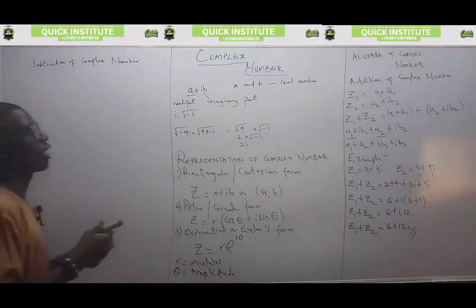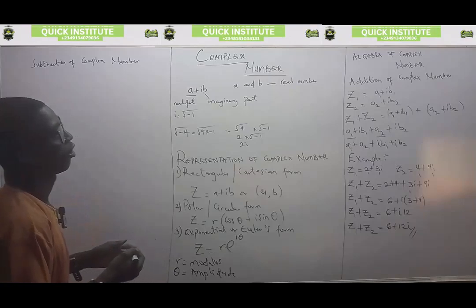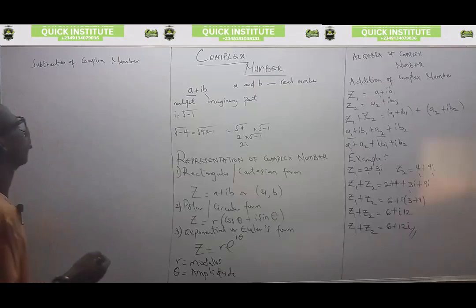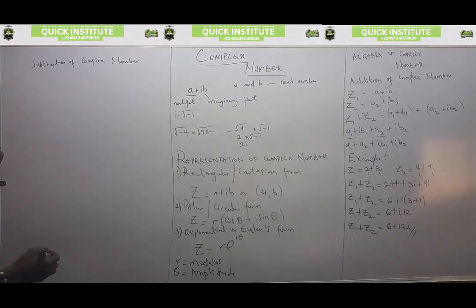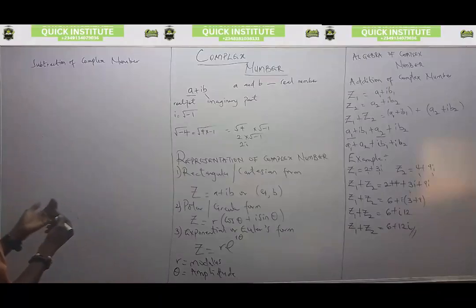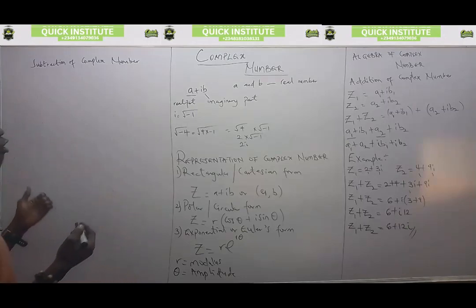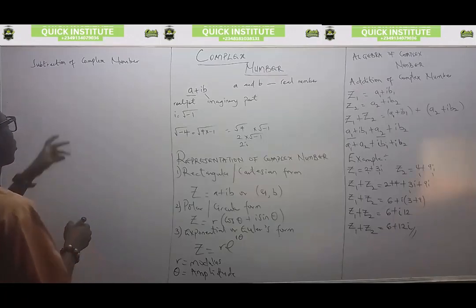We are still on algebra of complex numbers. The first one is addition of complex numbers, and the second one is subtraction of complex numbers. After this subtraction, we'll be looking at multiplication of complex numbers and division of complex numbers. So let's move to subtraction of complex numbers.